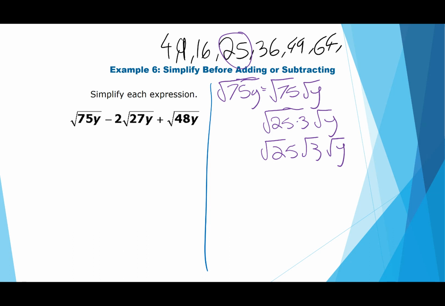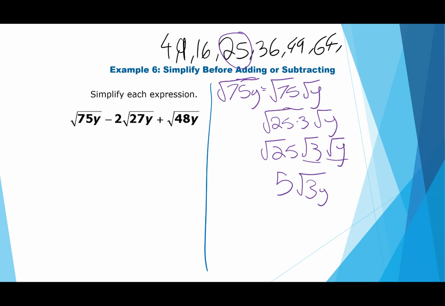Square root of 25 is 5. It's a perfect square. That's nice, convenient for us. And square root of 3 doesn't simplify. Square root of y doesn't simplify. So we'll just leave both of them underneath the radical. You don't have to keep them in their own individual radicals. It's a little bit cleaner if we can just put them both under the same radical. So that is square root of 75y.